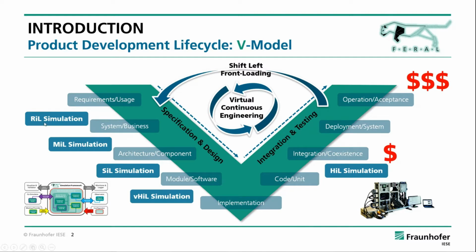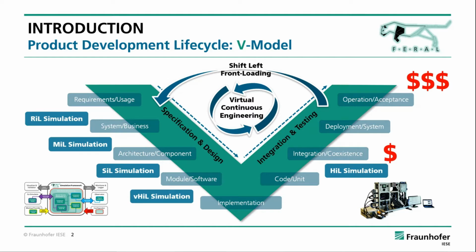We call them requirements-in-the-loop simulations. At the early stages of the development process, when you define your requirements and the drivers for the architectural decisions, you have to validate whether this is feasible. You have taken certain decisions already, you have to check if they are really feasible, and you need infrastructure for that.